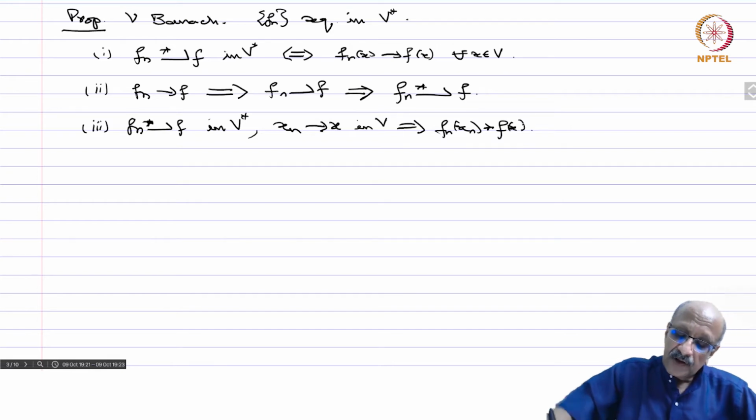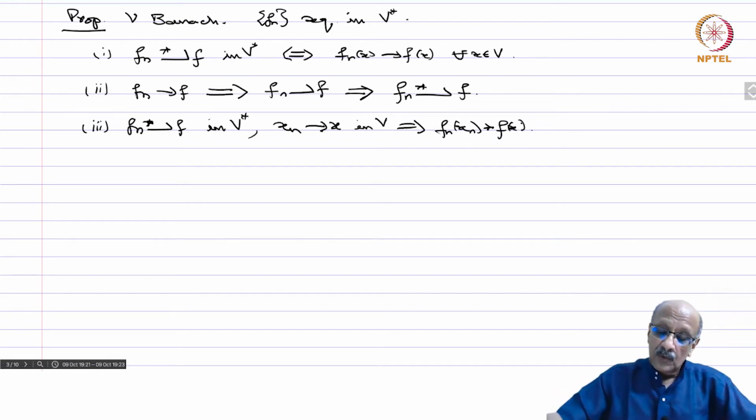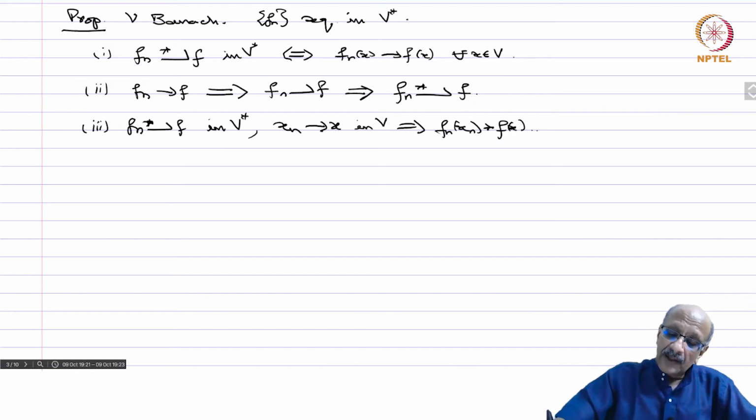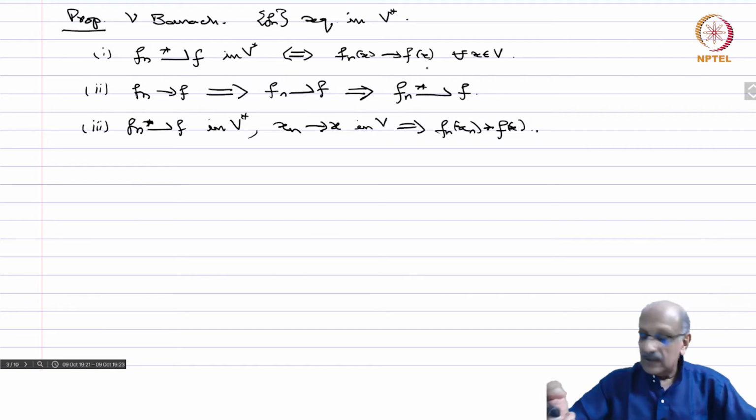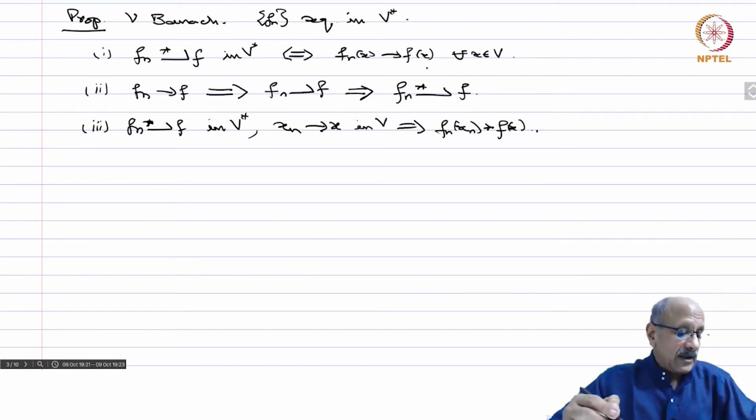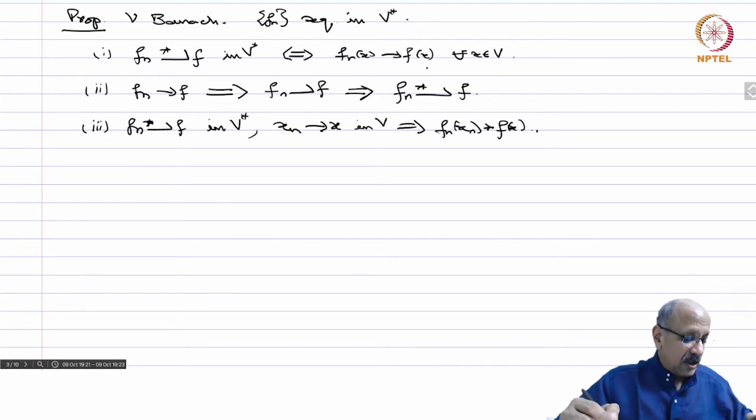Again, you take the difference and add and subtract the usual term like we did last time, and you will get it. Again, if it is convergent in the weak star topology, it has to be bounded, because fn of x converges to f of x for every x, so by the uniform boundedness principle the norm of fn is less than or equal to c. So we have that automatically, so we do not have anything new.